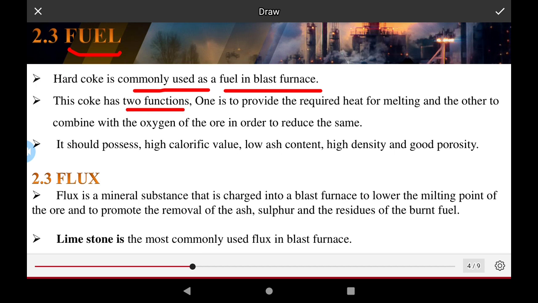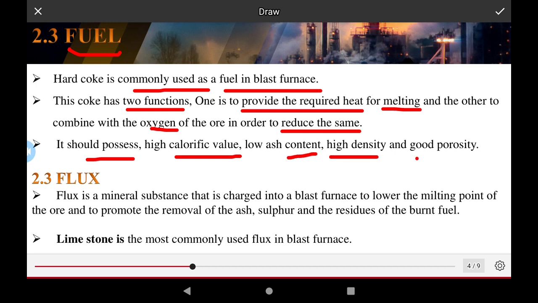One is to provide the required heat for melting, and the other is to combine with oxygen in order to reduce the ore. It should possess very high calorific value, low ash content, high density, and good porosity.